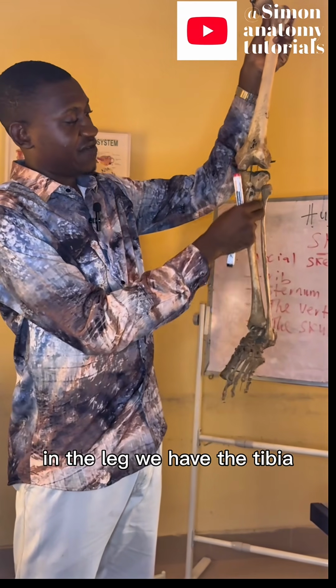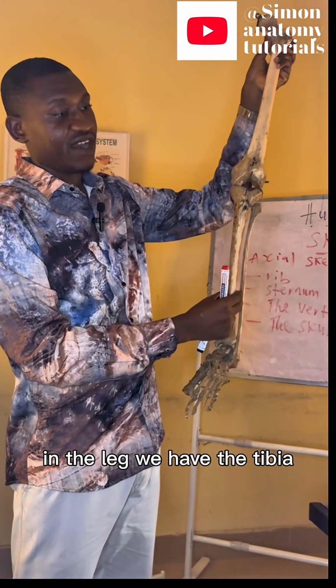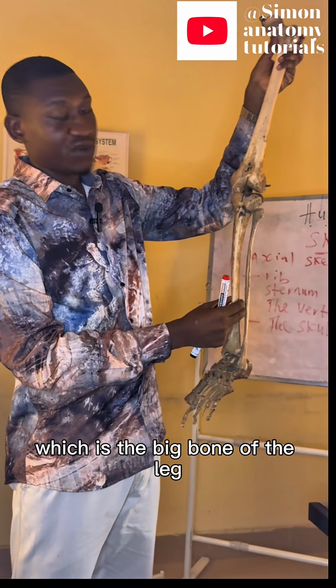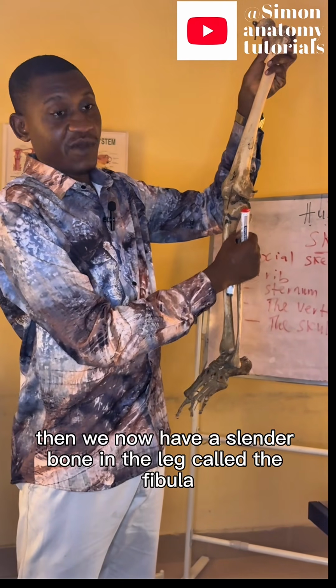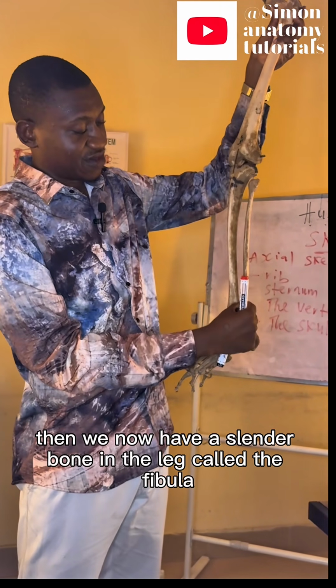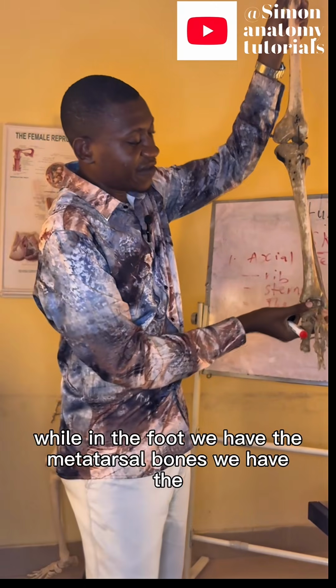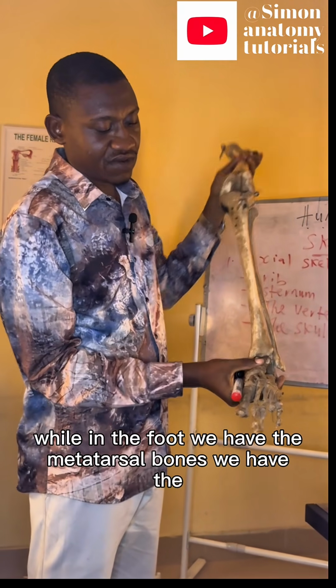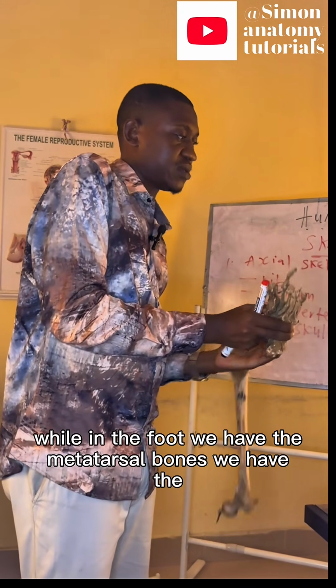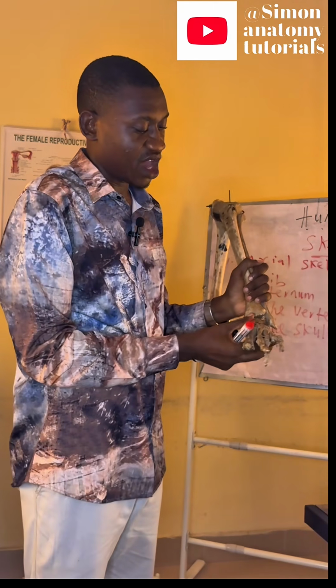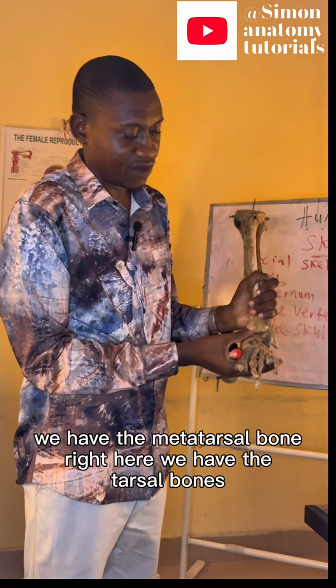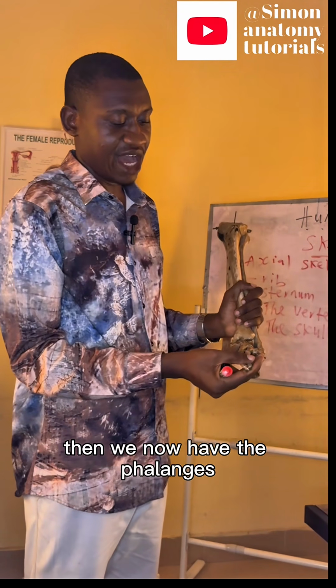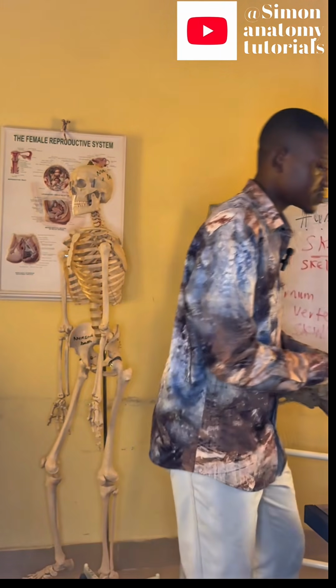In the leg, we have the tibia, which is the big bone of the leg. Then we have a slender bone in the leg called the fibula. While in the foot, we have the metatarsal bones. We have the metatarsal bone right here. We have the tarsal bones. Then we have the phalanges.